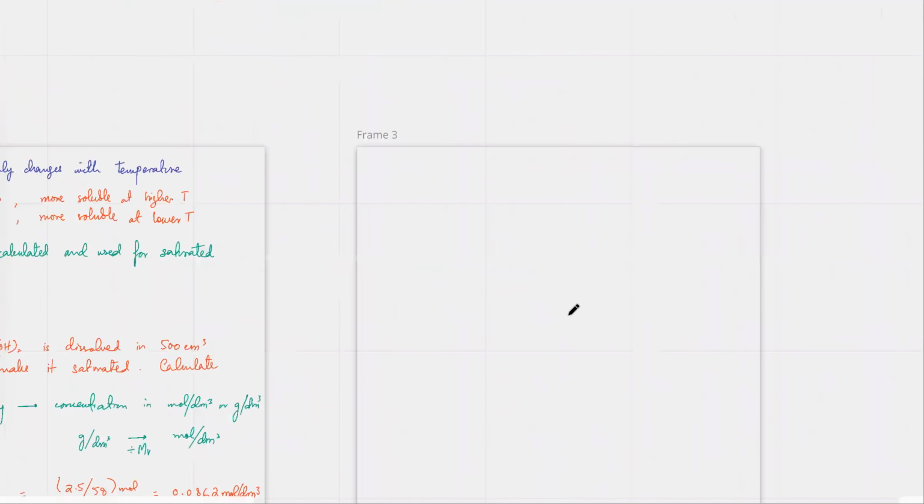Now the other type of question that you're going to get is that the value of Ksp would be known. So question type 2: Ksp is known, and you have to do the opposite.